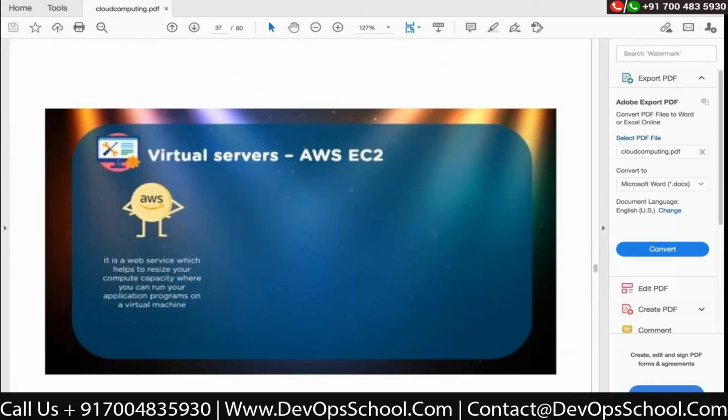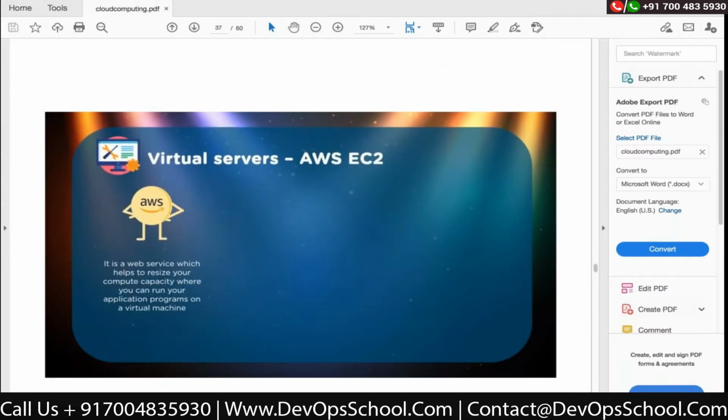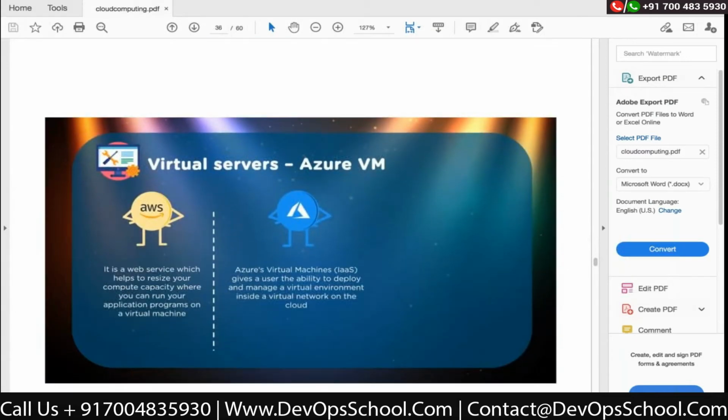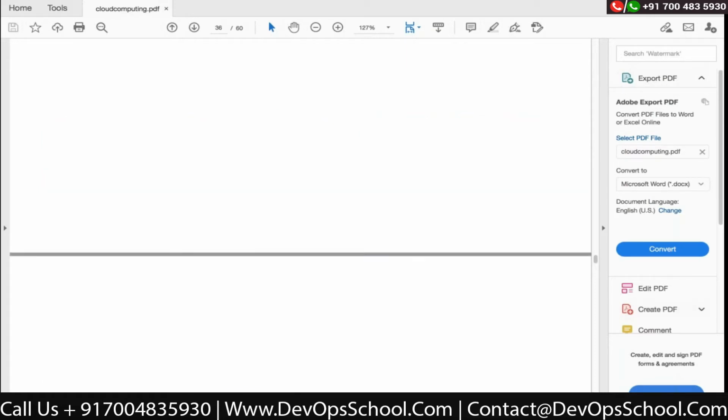Then again, as I said, the names are going to be different. In AWS, all the virtual servers are called EC2, Elastic Compute Cloud. On Azure, we call the virtual servers Azure VMs.